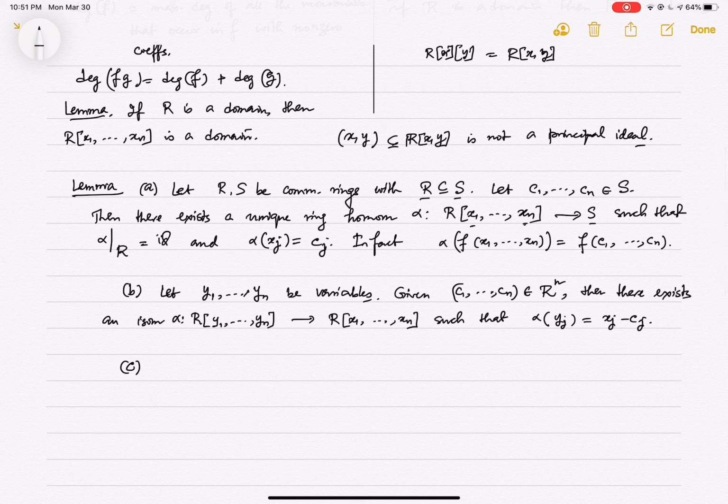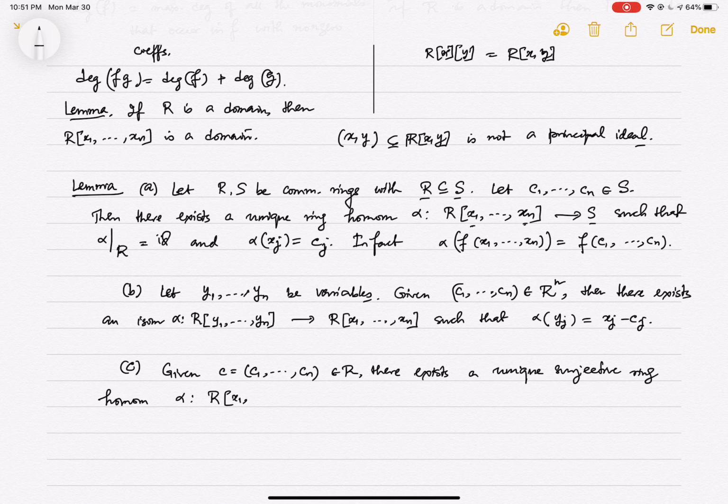Part C is again a special case of part A, which I'm really interested in, and it's a special case when R is equal to S. So given c in R^n, meaning n elements in R, there exists a unique surjective ring homomorphism alpha from R[x1,...,xn] to R such that alpha restricted to R is the identity and alpha of xj is cj.